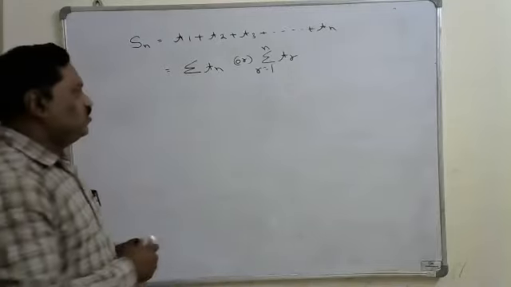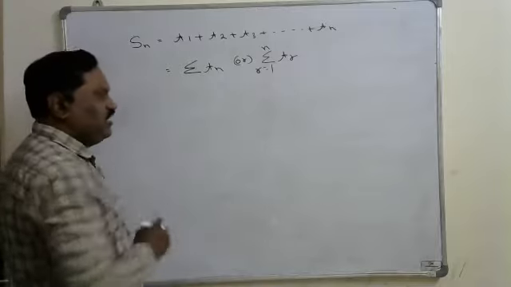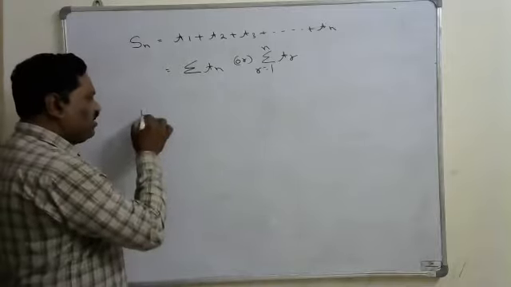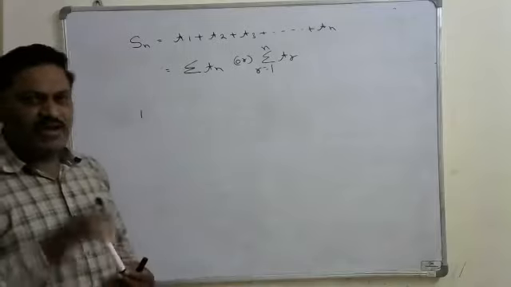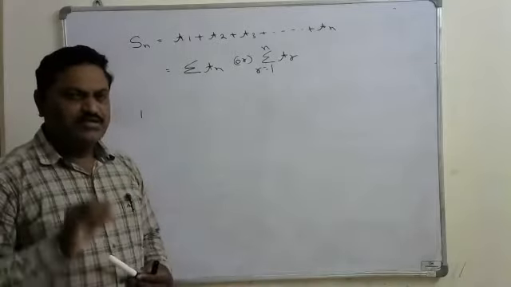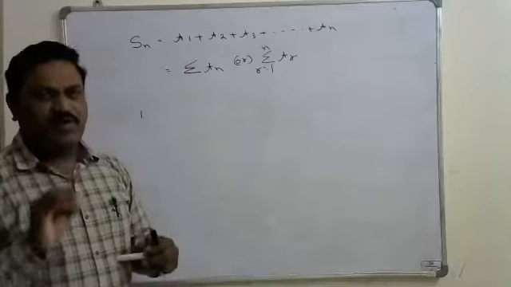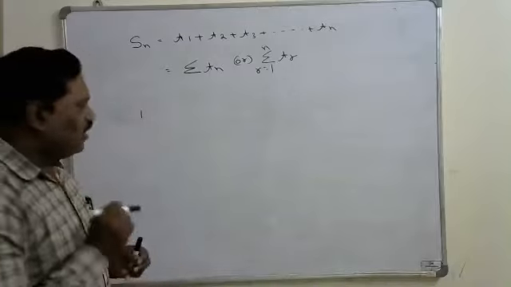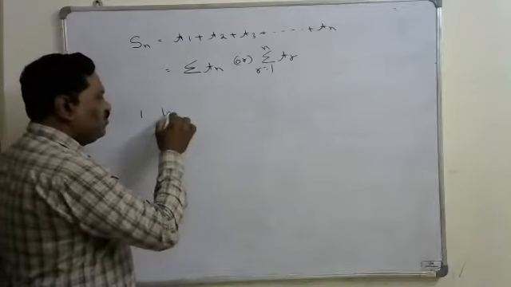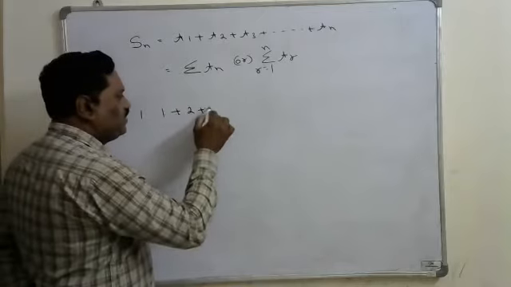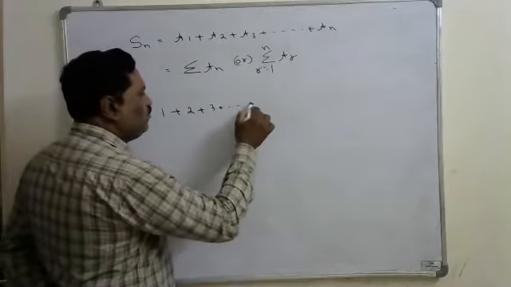Understand? So for finding the sum of the series, in the starting classes I gave you 5 basic formulas. Everyone should compulsorily remember all those 5 basic formulas. The first formula is 1 plus 2 plus 3 and so on up to n.